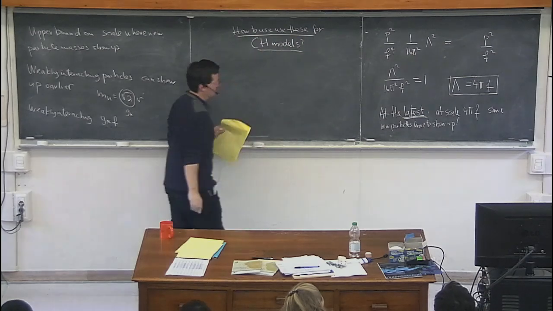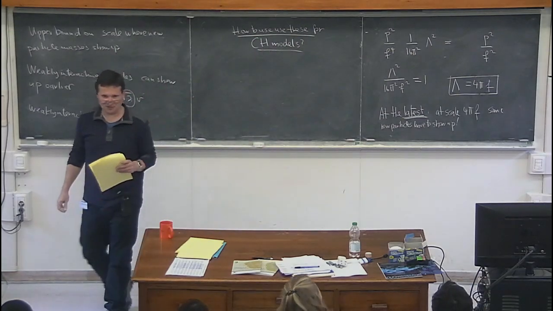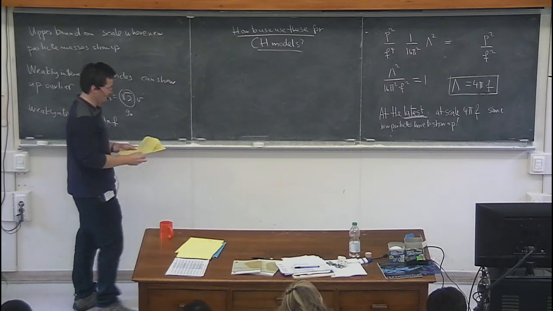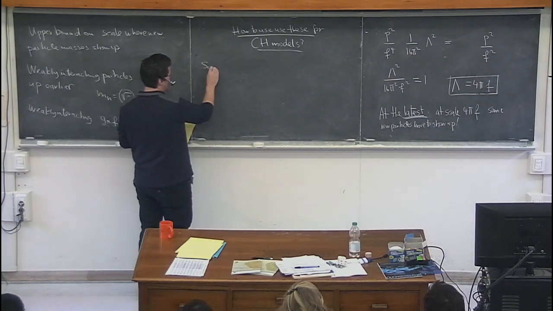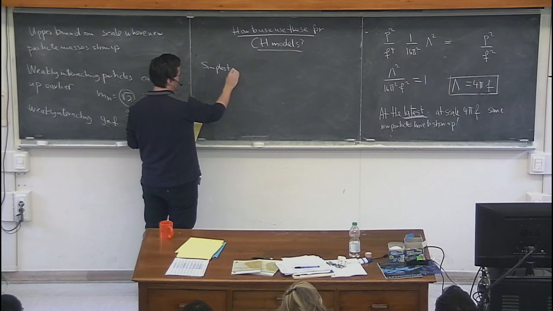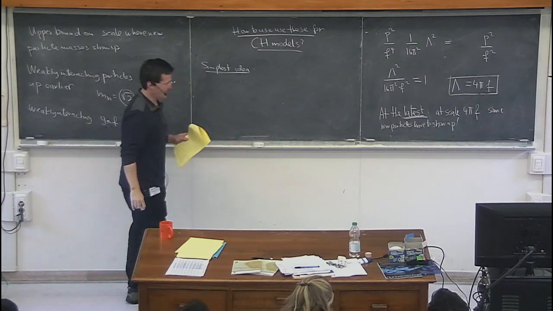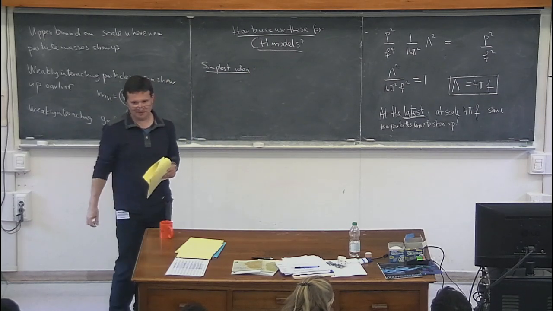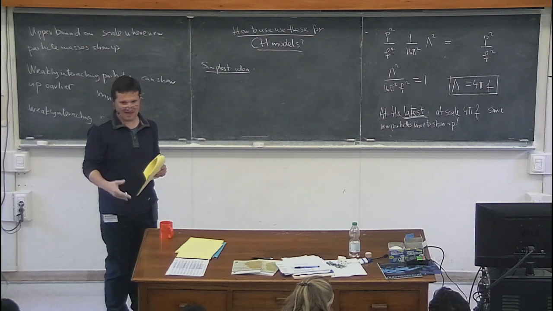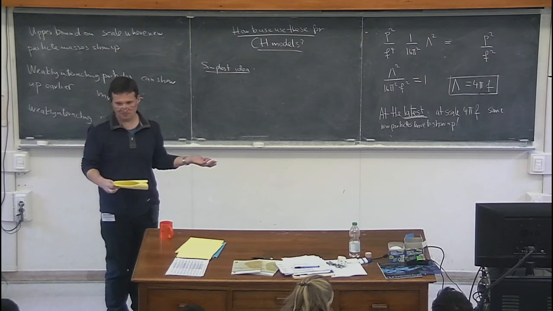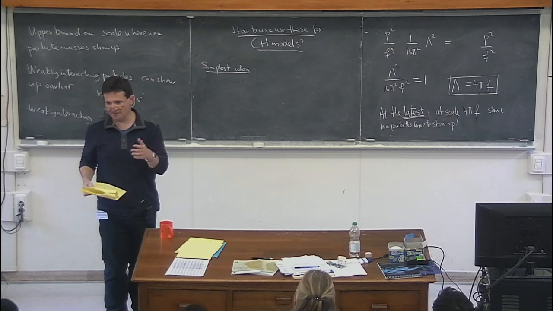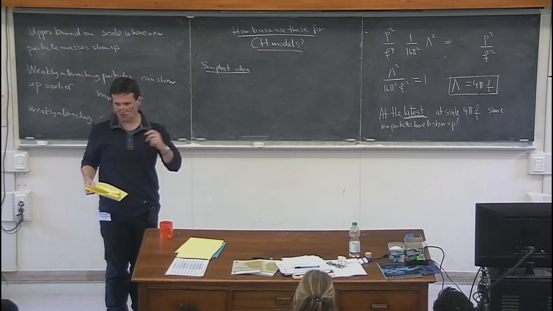Well, of course, as I mentioned in the previous lecture, the simplest idea would have been to say that QCD breaks the electroweak symmetry. It gives a mass to the W and the Z, as we saw. It just happens to give it a mass that is too small.